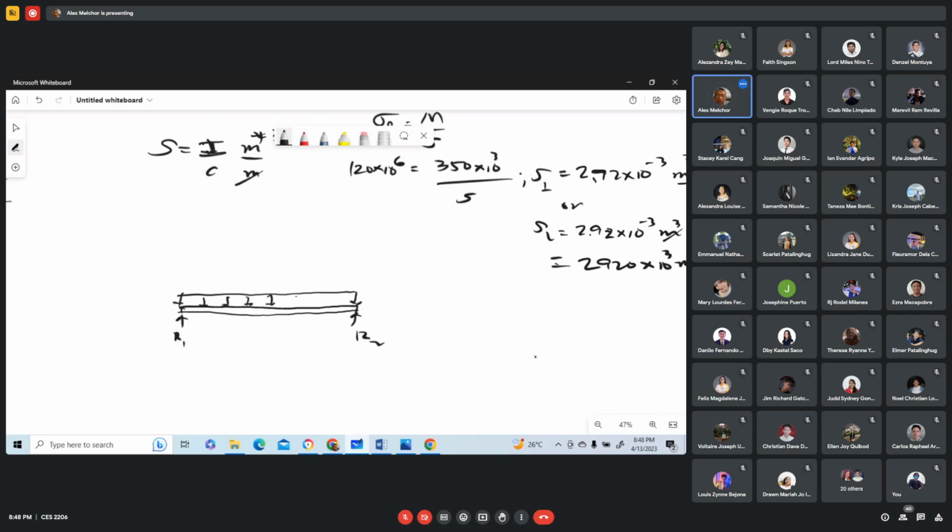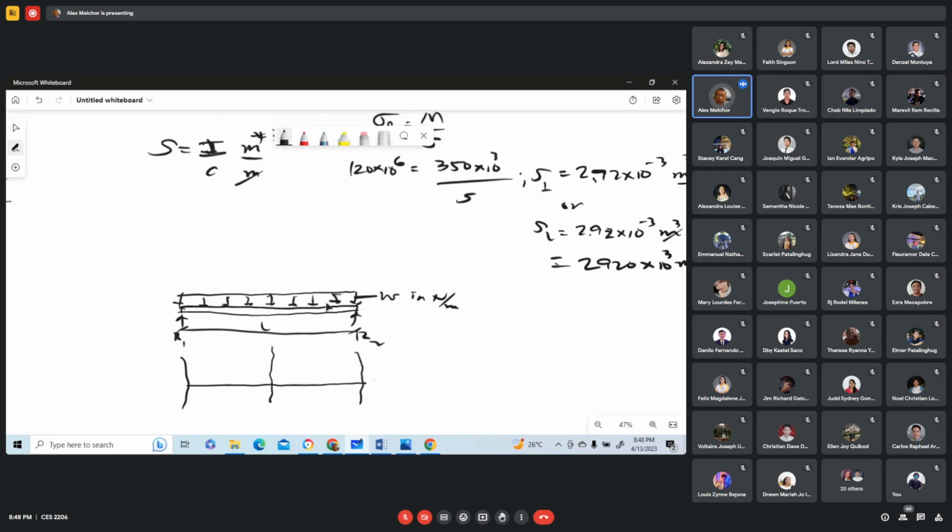This one, uniform distributed load, and this is say W in newtons per meter, and we have this length L, and we solve for the maximum moment there.